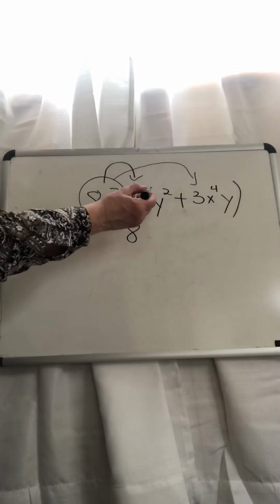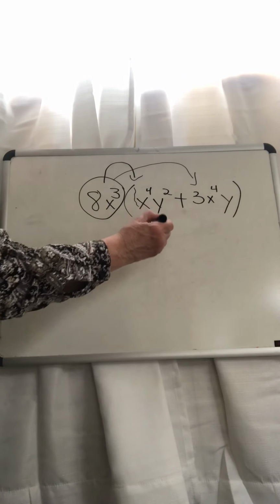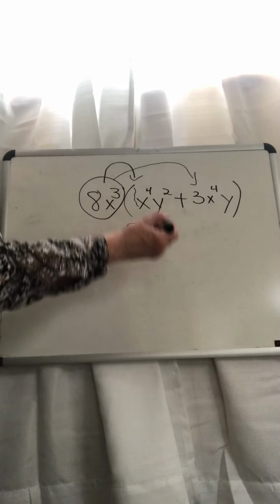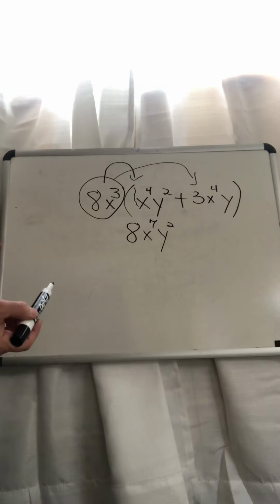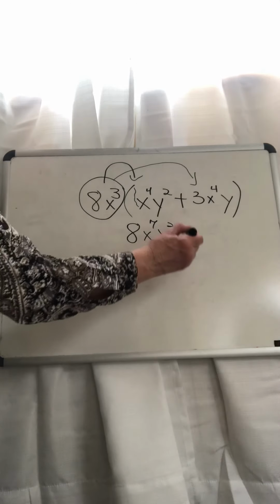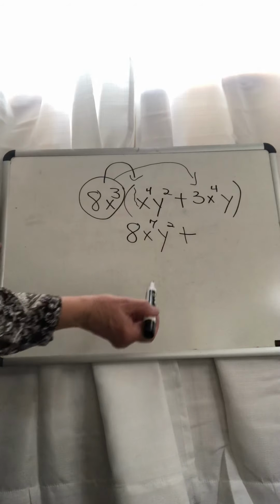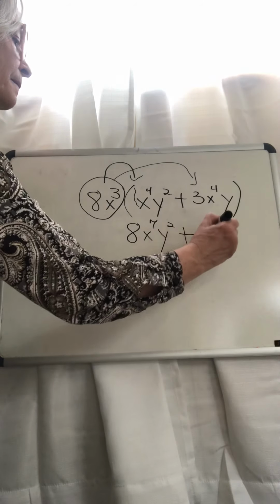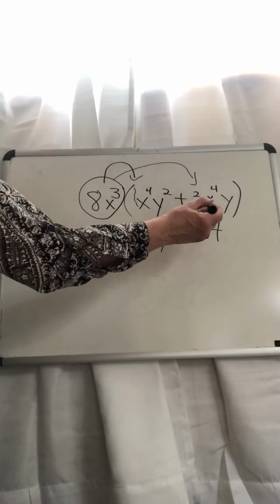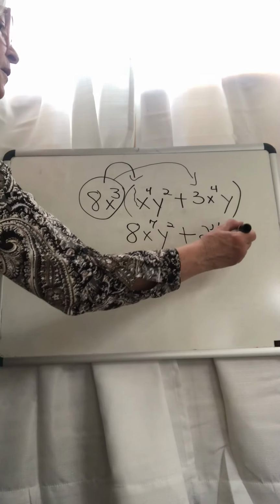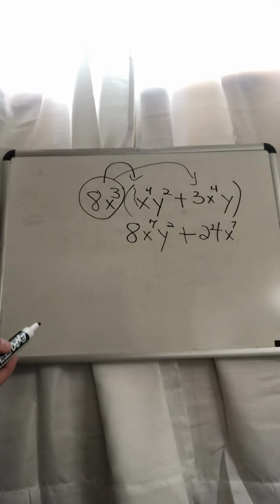Now we're going to add our exponents. 3 and 4 is 7. There's no y, so the y doesn't change. It's just going to still be y squared. Now we'll move to the second term. 8 times 3 is 24. X cubed times x to the 4th, we would add the 3 and the 4 together, which gives us x to the 7th.